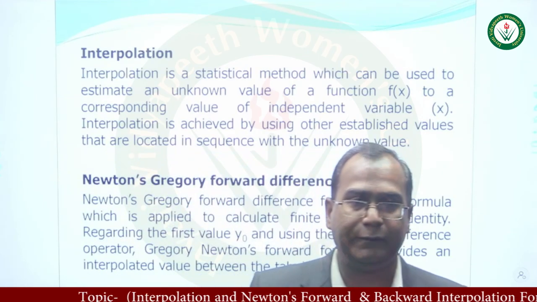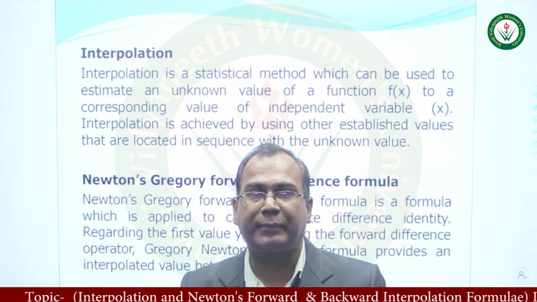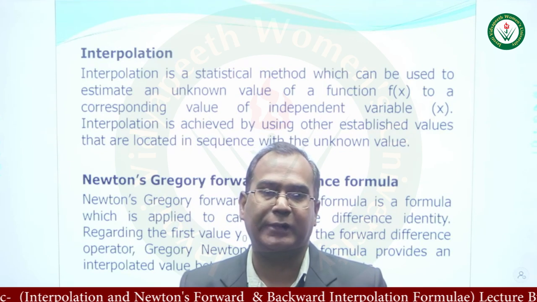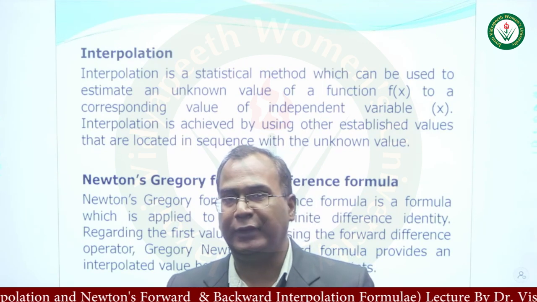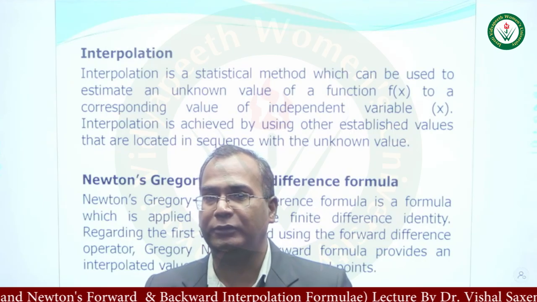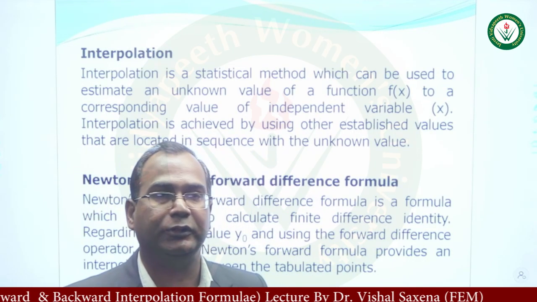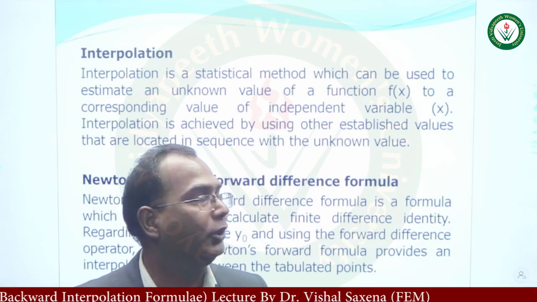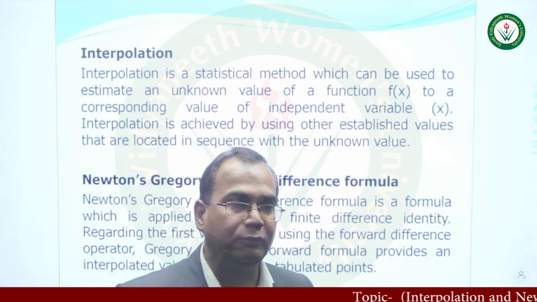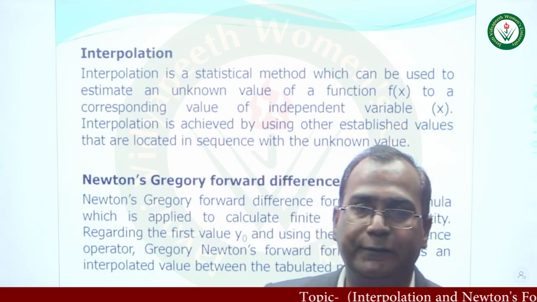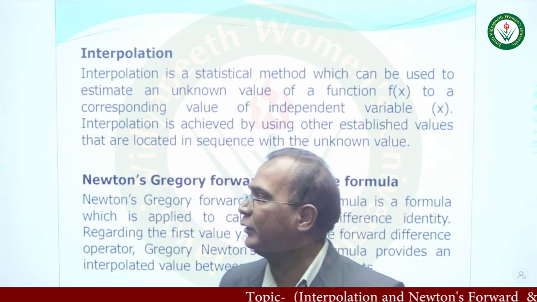So x is called the independent variable and y is the dependent variable. The unknown value of f(x), or y, is to be determined for some particular value of x. This method is called interpolation.